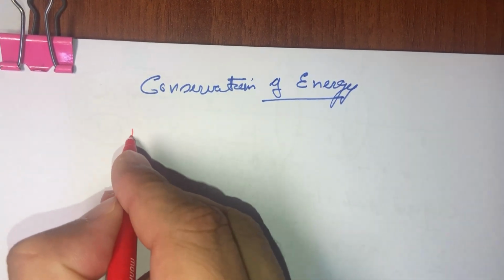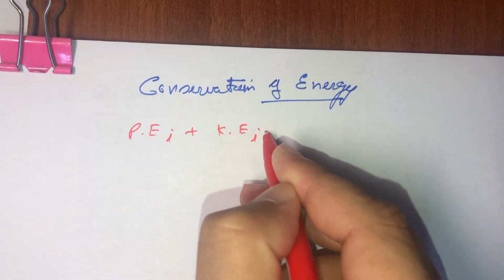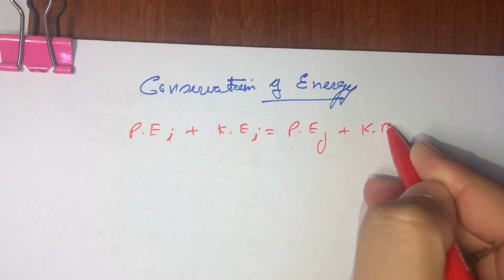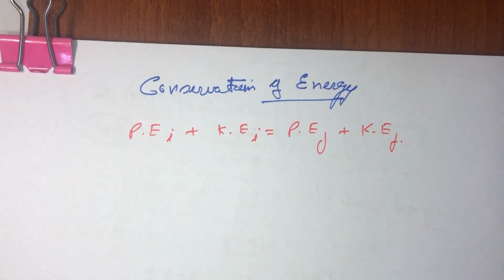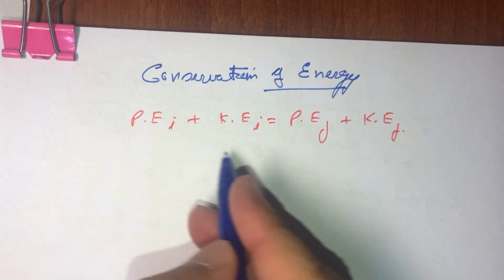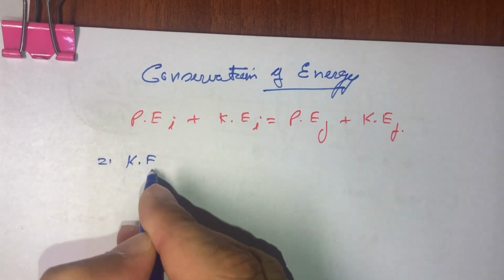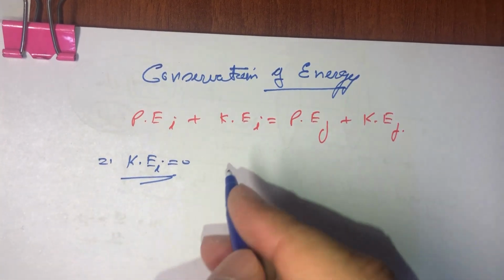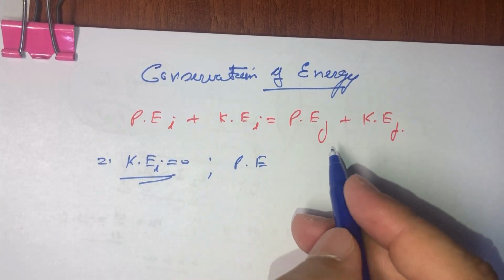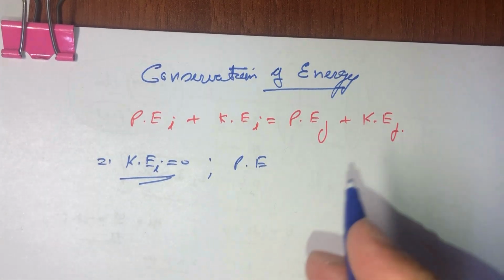You can say potential energy initial plus kinetic energy initial is equal to potential energy final plus kinetic energy final. And initial kinetic energy is 0, as we said, because the cylinder is at rest. Kinetic energy initial is equal to 0, and potential energy we are calculating basically at the center of mass.